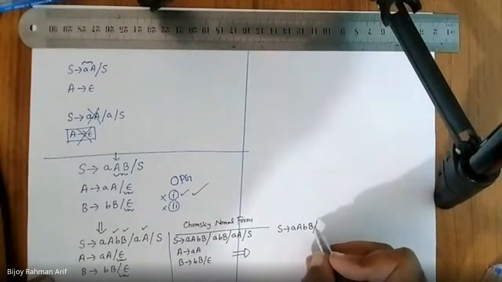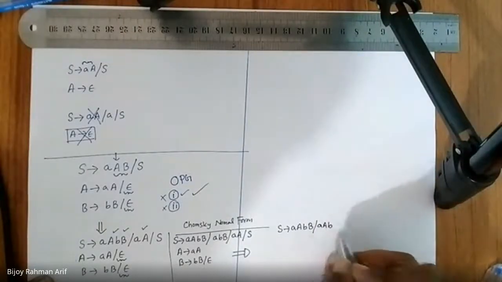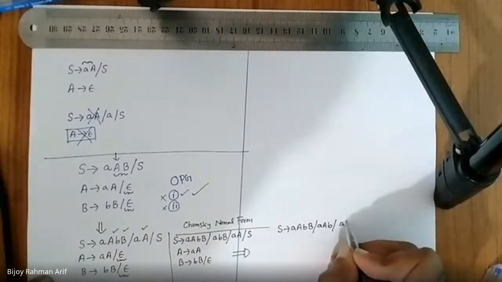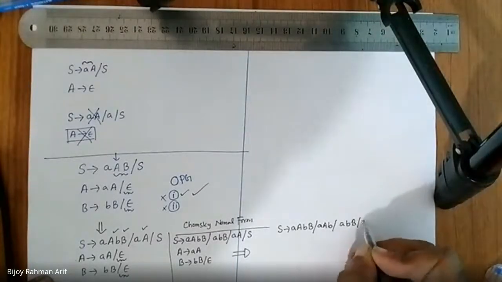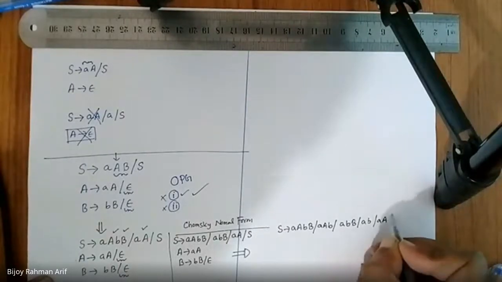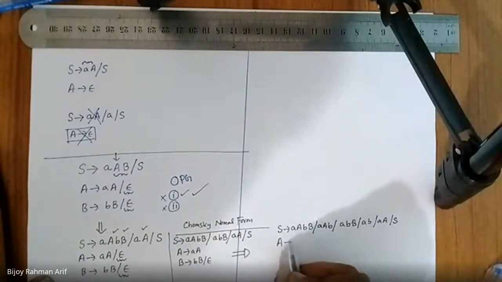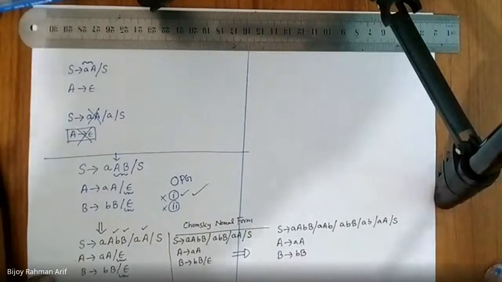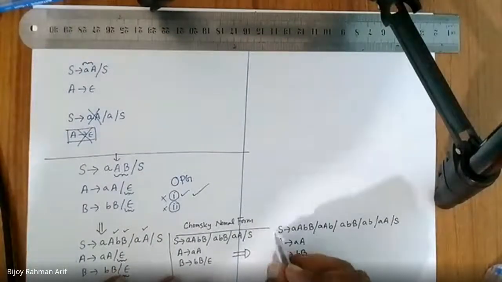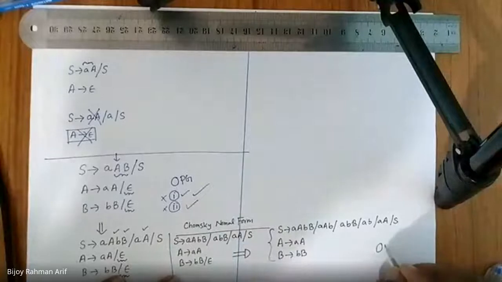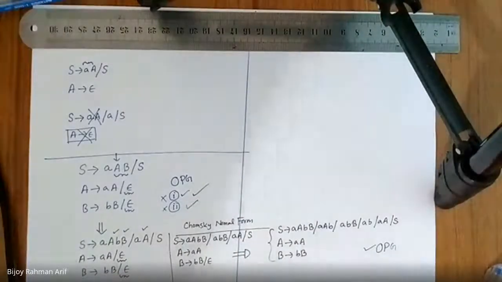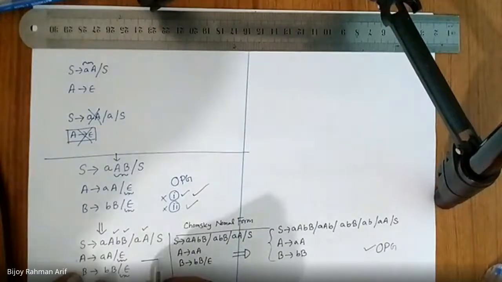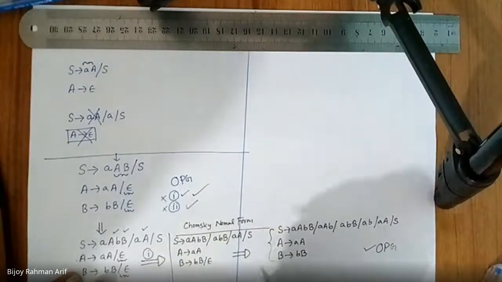So it would become AA, B, then again AB, B, and AB, then AA, then S, then we can discard it. We are done. Did you get it? So now it becomes OPG. Did you get the point? Is there any question for us? Guys, did you get it?